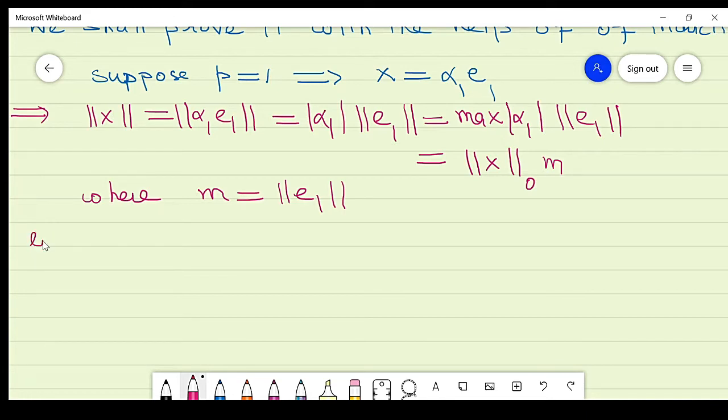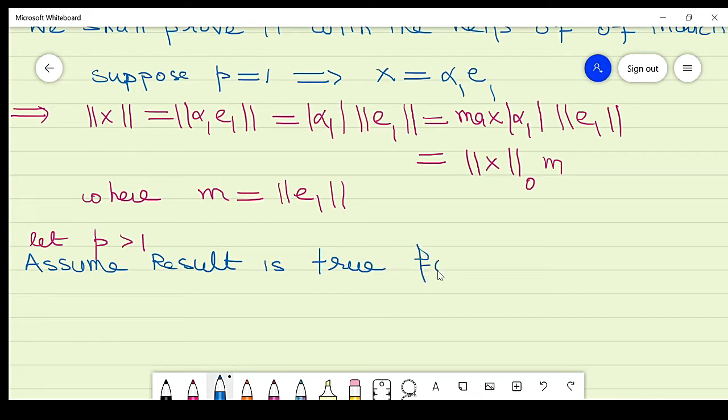Now let p be greater than 1, and assume the result is true for p minus 1 vectors, right? And my purpose is to prove that the result is true for p vectors.